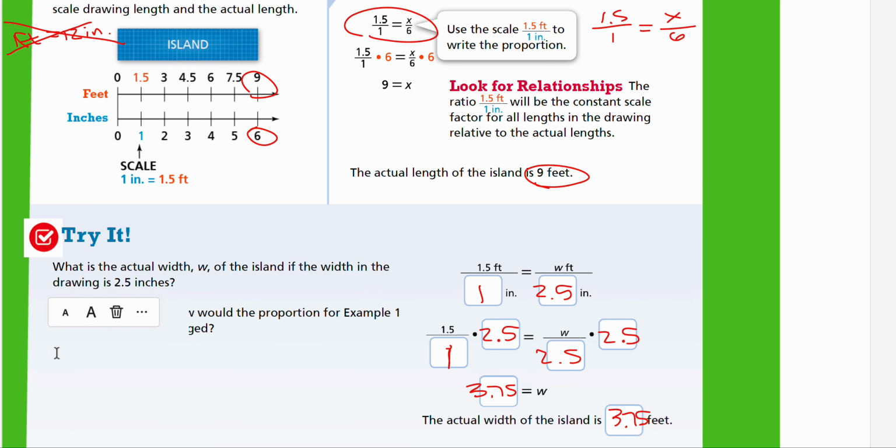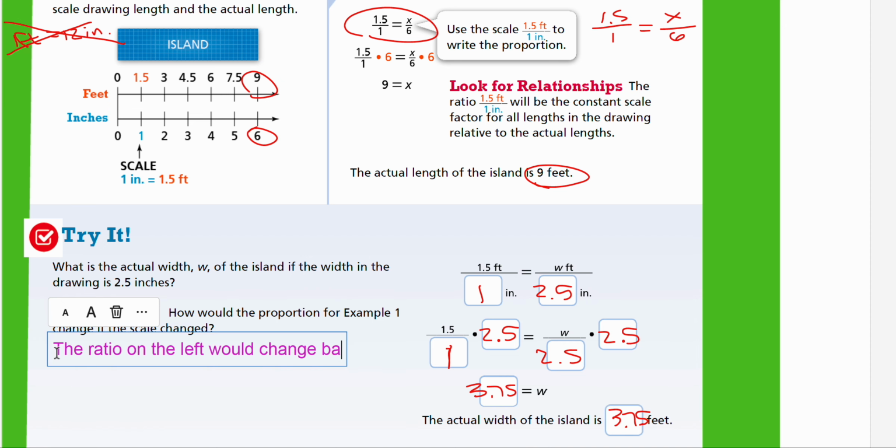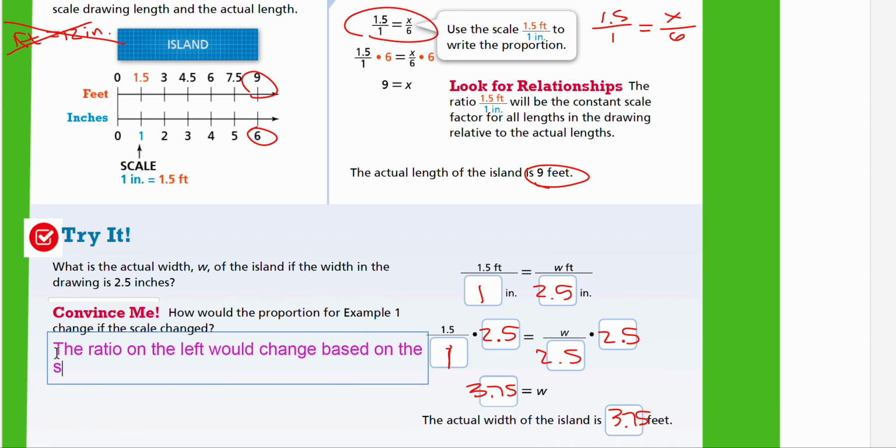The ratio on the left would change based on the scale drawings. In the proportion, the ratio on the left is the unit rate, and if that's going to change, the other should also change, right?